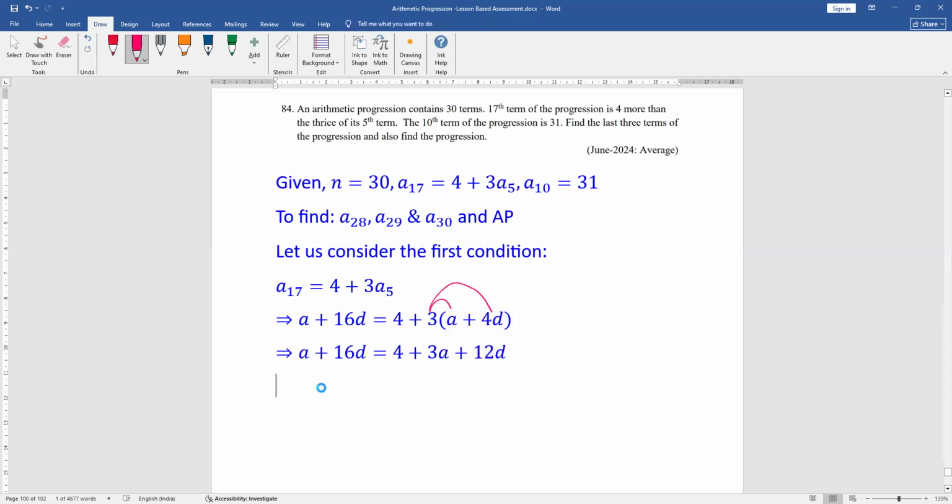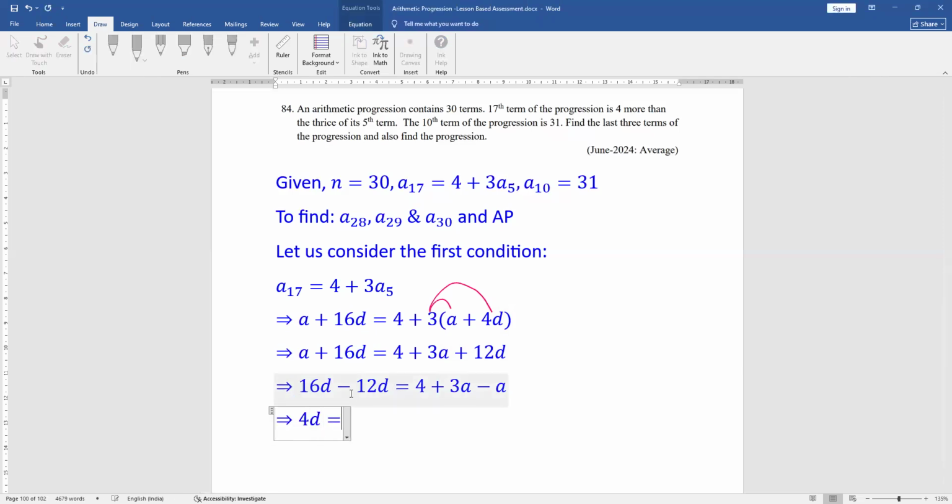So 16D minus 12D equals, on my right-hand side, 4 plus 3A minus A. In my next step, 16D minus 12D is obviously 4D. 4D equals 4 plus 3A minus A, that is 2A.